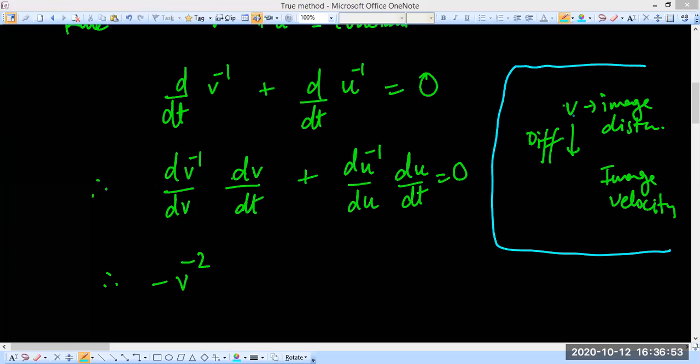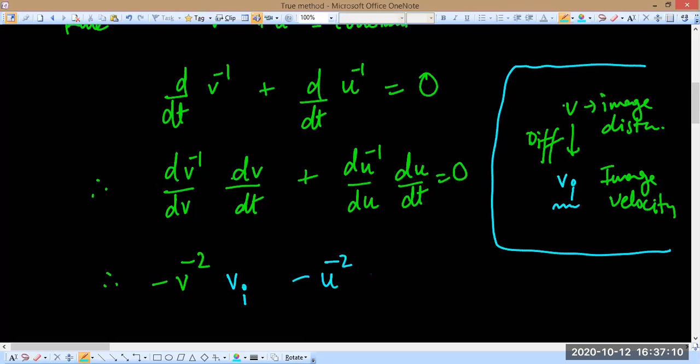So if v is image distance, its differentiation gives image velocity. Vi is the symbol of image velocity. Okay, similarly here you are going to get minus u raised to minus 2 vo for object velocity.